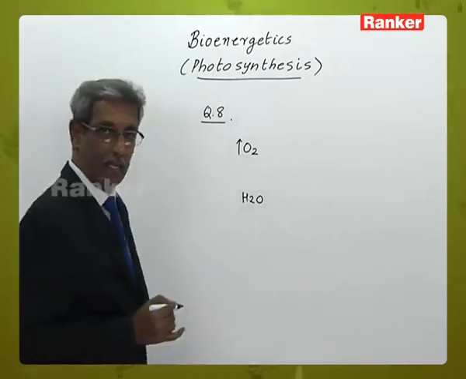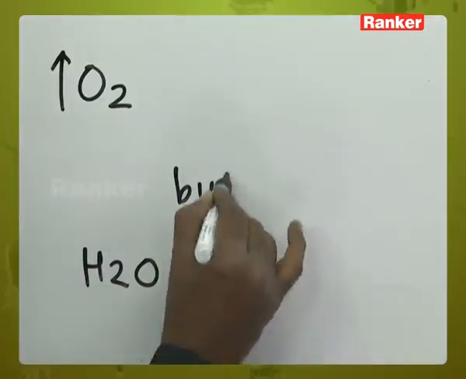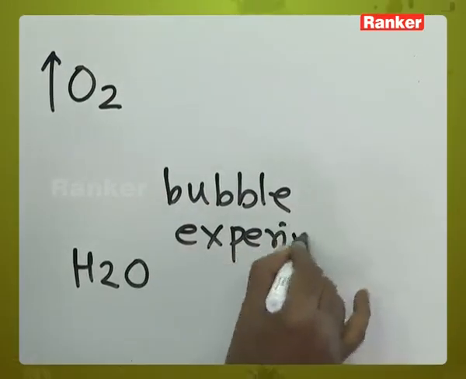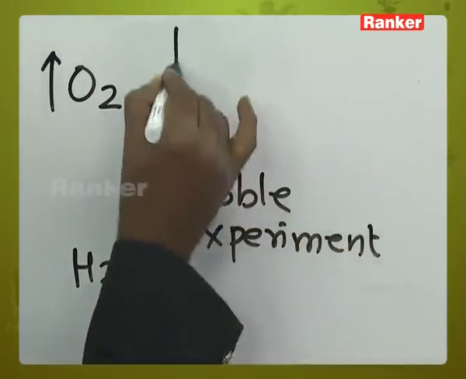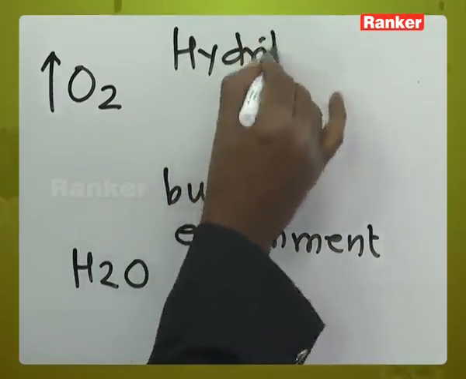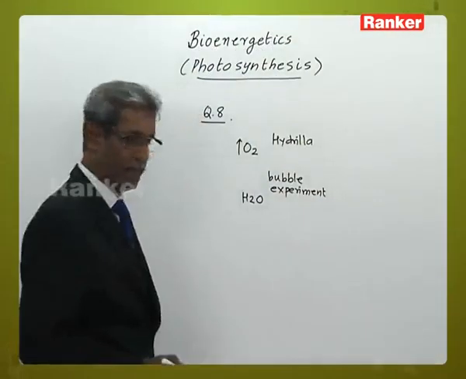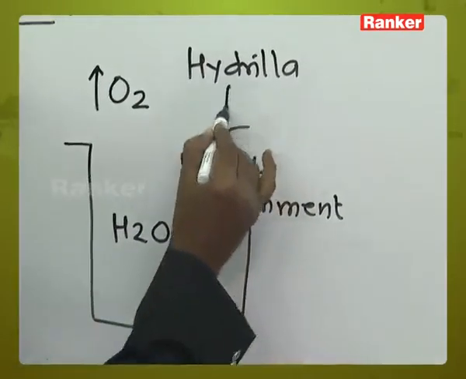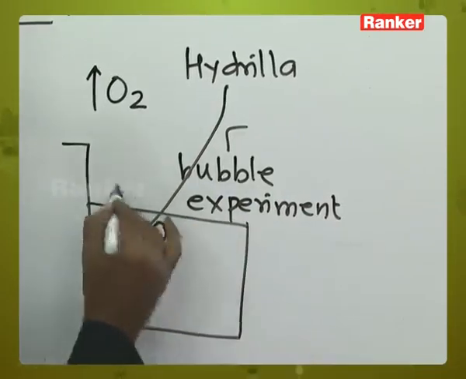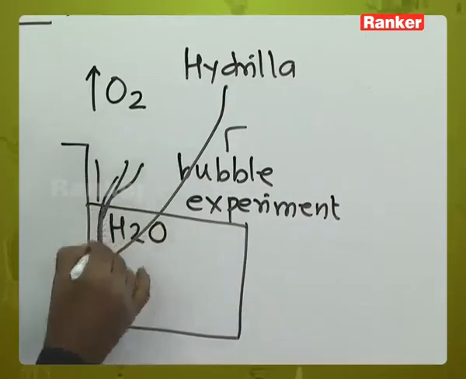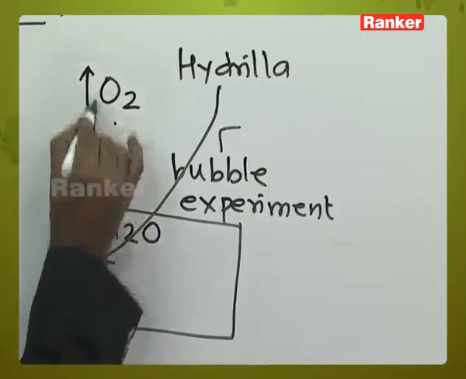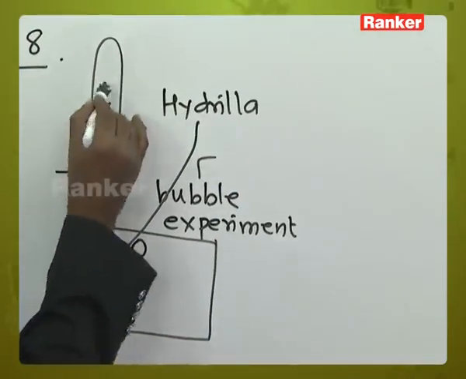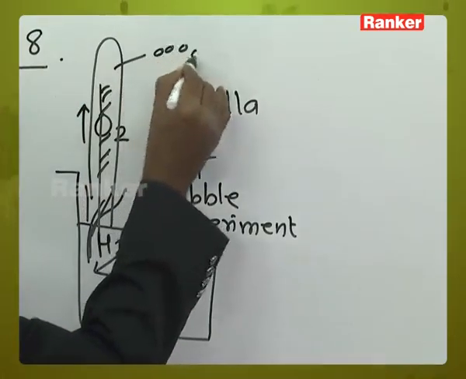This is seen in the bubble experiment. If you take Hydrilla, an aquatic plant, and put it in a beaker of water, and a thistle funnel is put over the plant, there is evolution of oxygen bubbles.